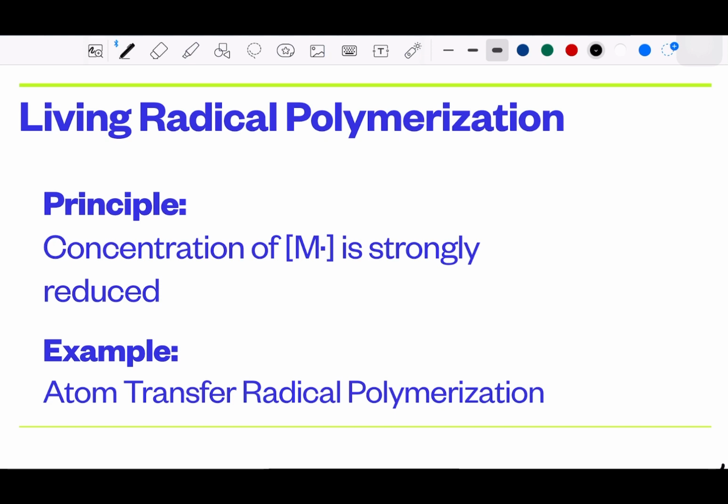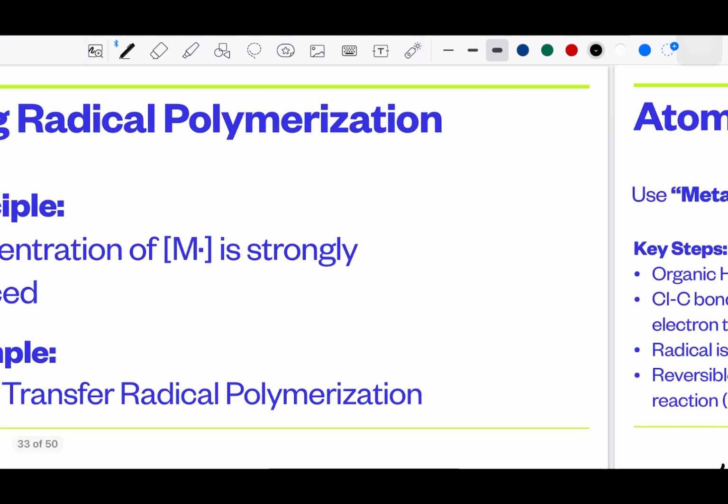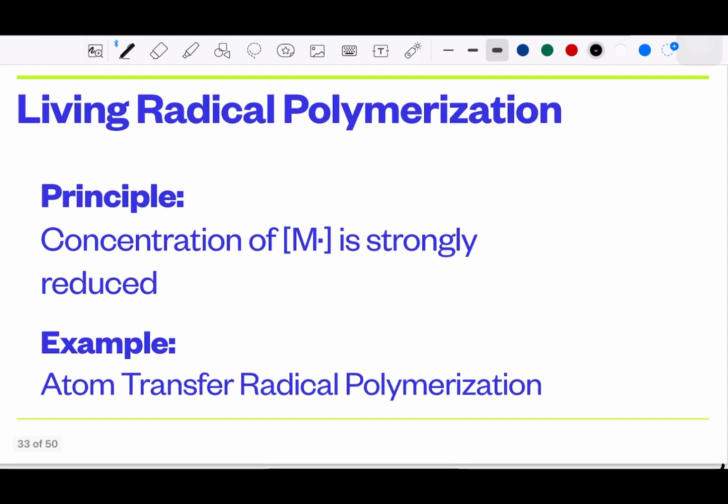This is strategy 1. I forgot to mention strategy 1.